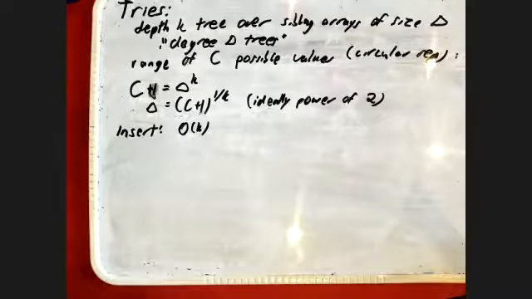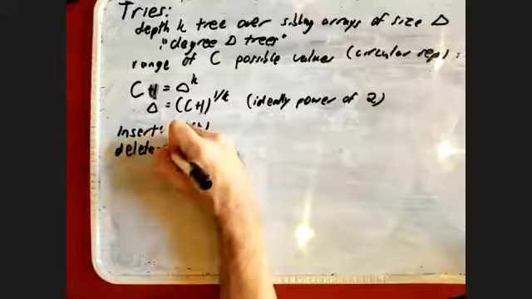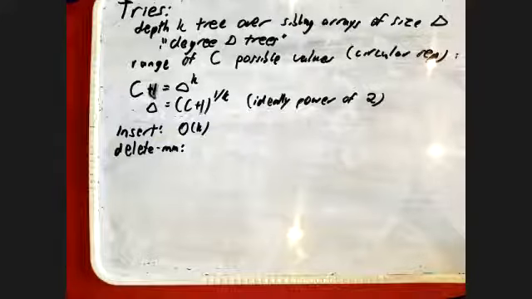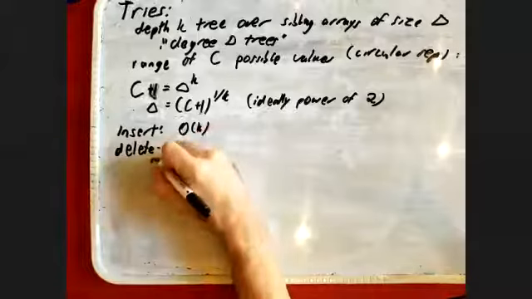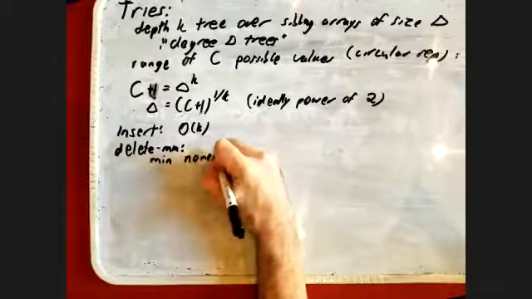Okay. But what about delete min? How do I do a delete min? Well, I first find the minimum non-empty child of the root.